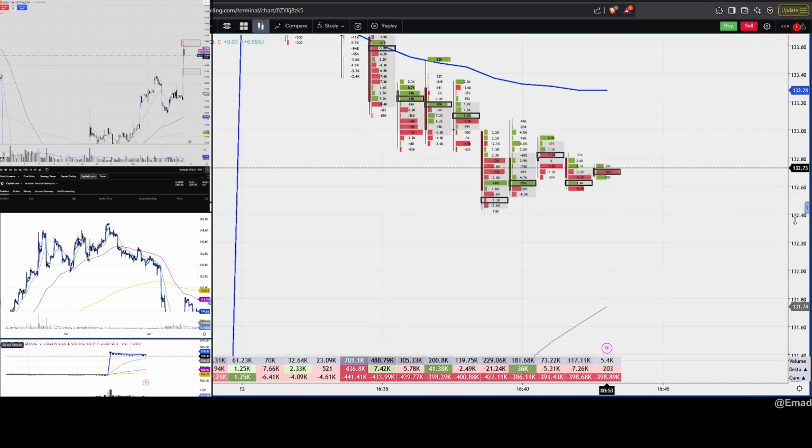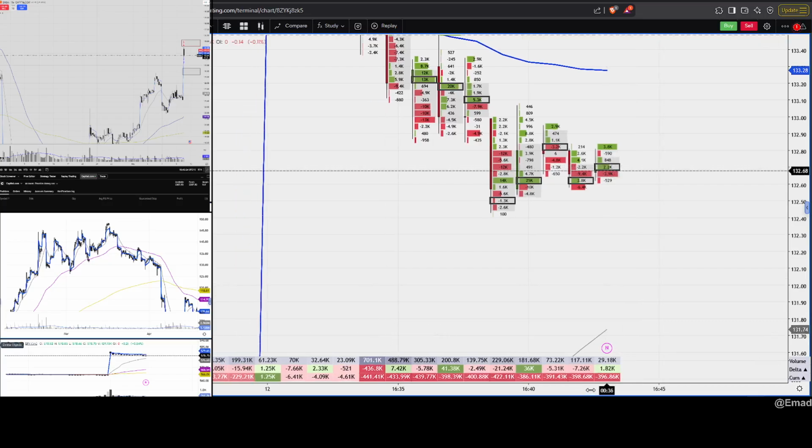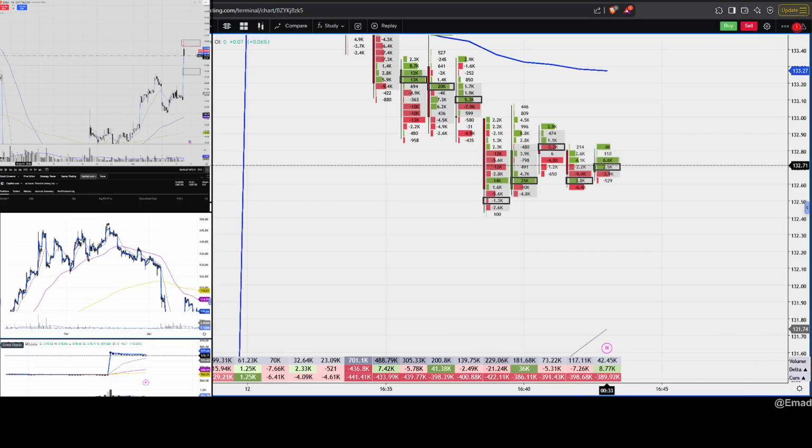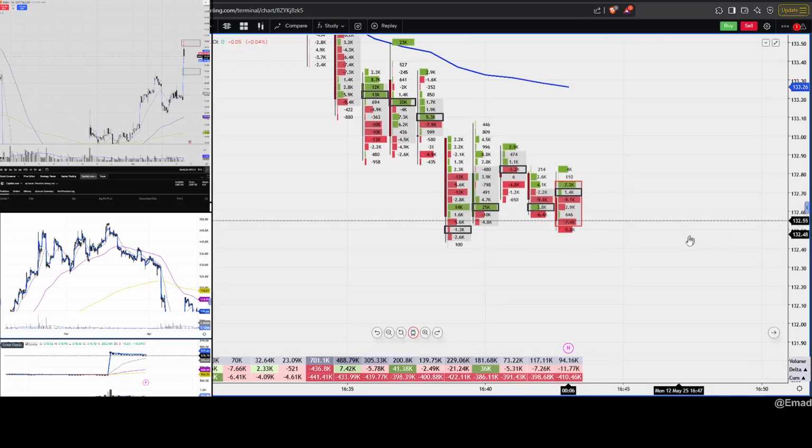I'm seeing dominant seller aggression. It's trying to go deep into the territory of the Sultan, but the Sultan is not allowing.